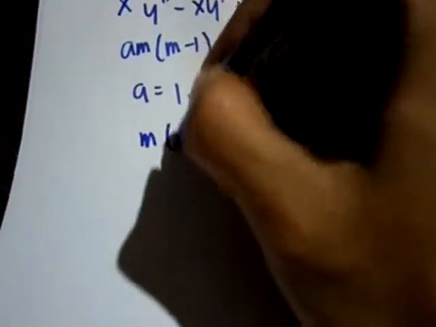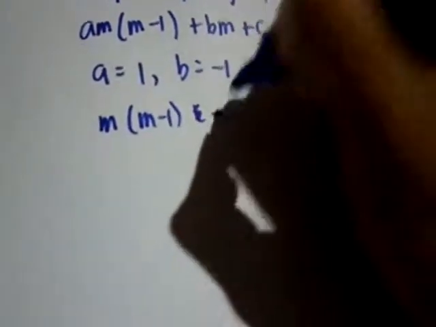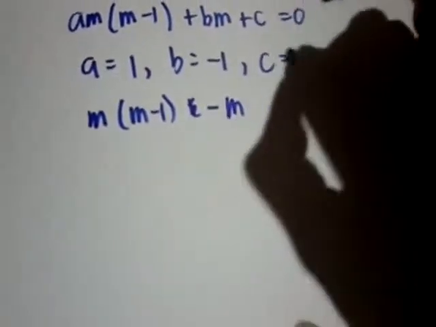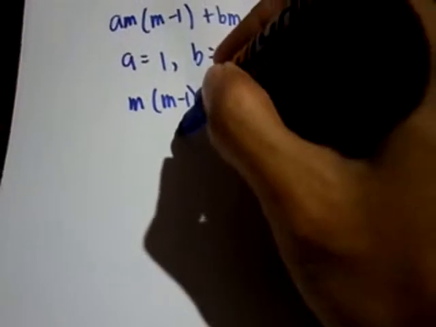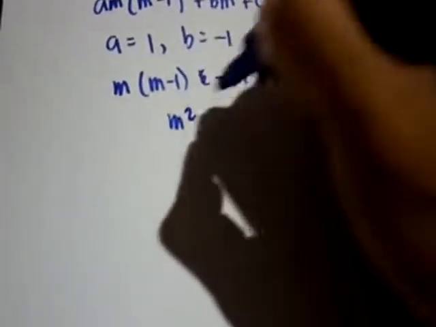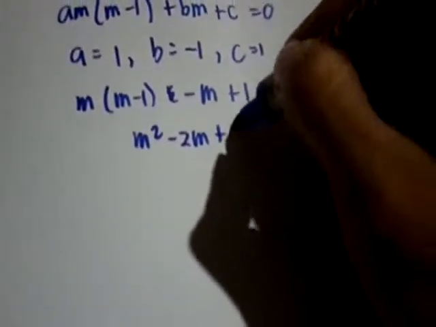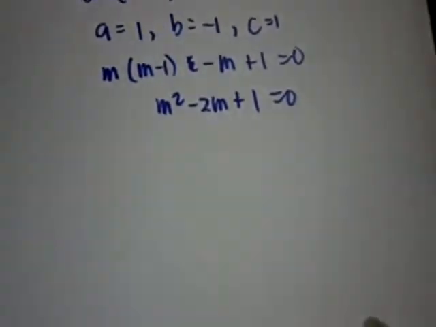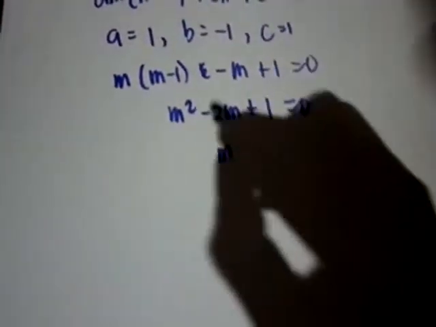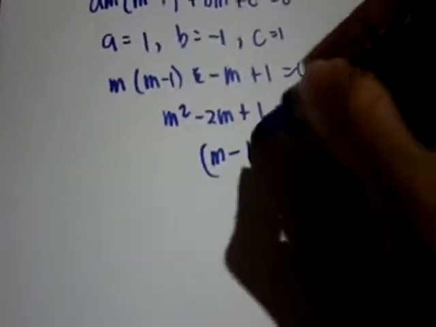Substituting the values, we get m times m minus 1 minus m plus 1 is equal to 0. So it will be m squared minus 2m plus 1 is equal to 0, which is just m minus 1 squared equals 0.